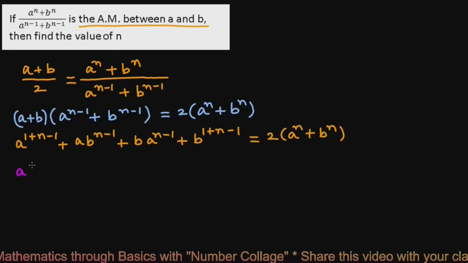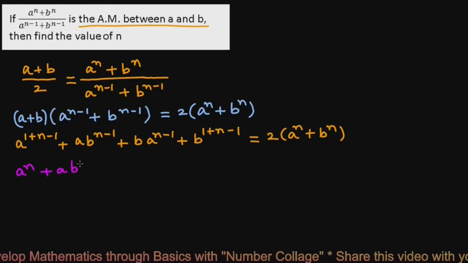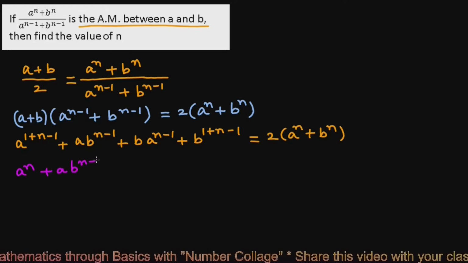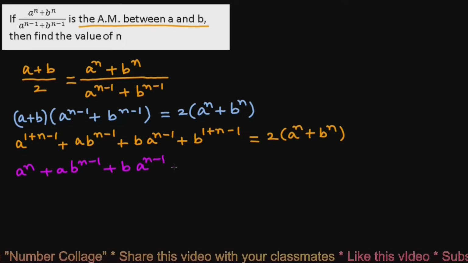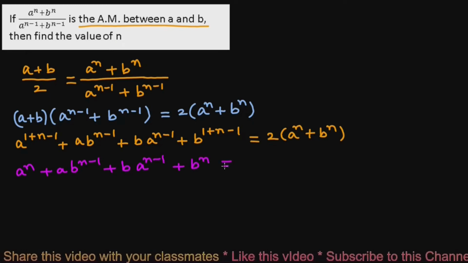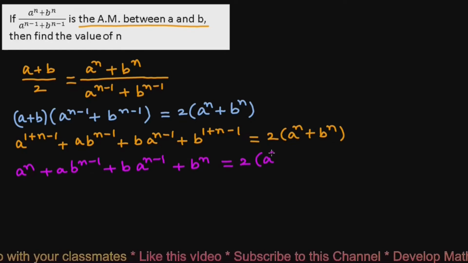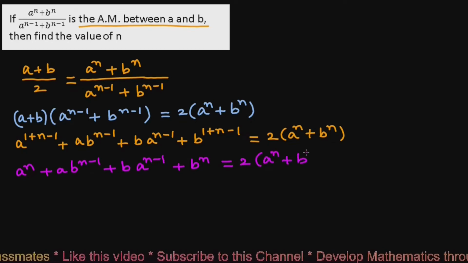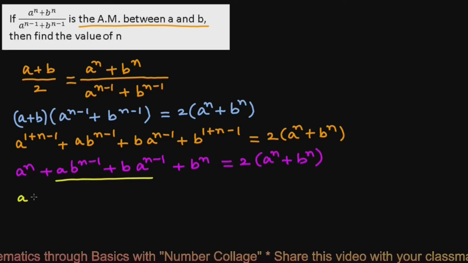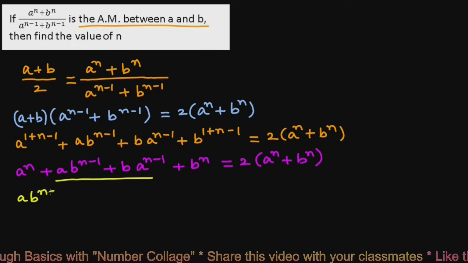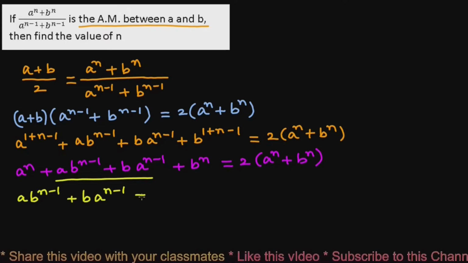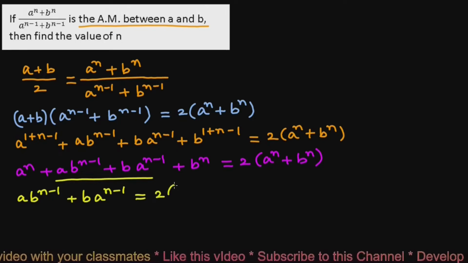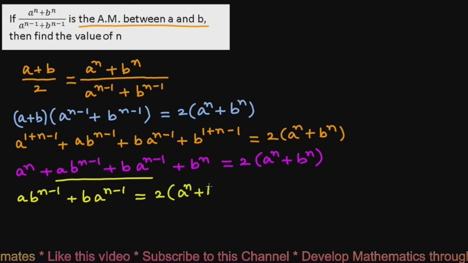This will be a raised to n plus a b raised to n minus 1 plus b a raised to n minus 1 plus b raised to n, that will be 2 times a raised to n plus b raised to n. These two terms, a b raised to n minus 1 plus b into a raised to n minus 1, that equals a raised to n plus b raised to n.